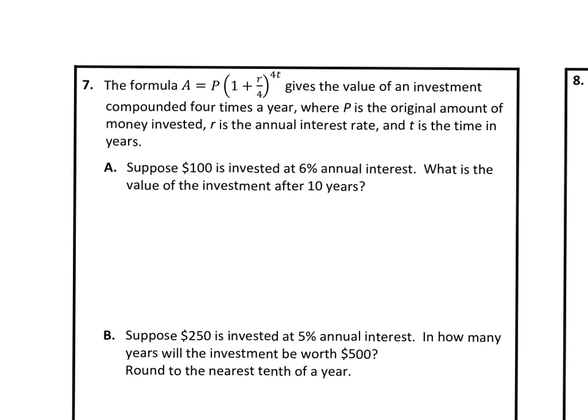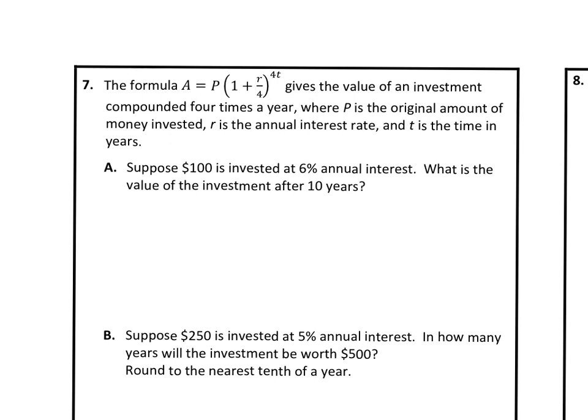Okay, and the problem says, suppose $100 is invested at 6% annual interest. What is the value of the investment after 10 years? Okay, so again, we're going to break down these values that we have given to us, right?